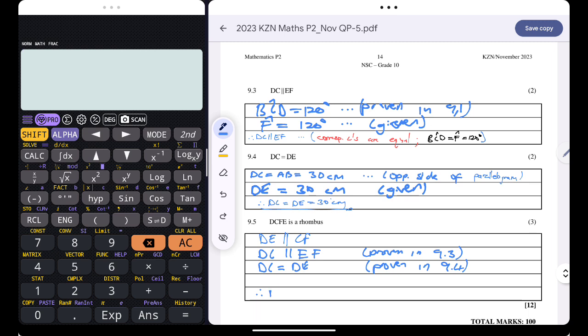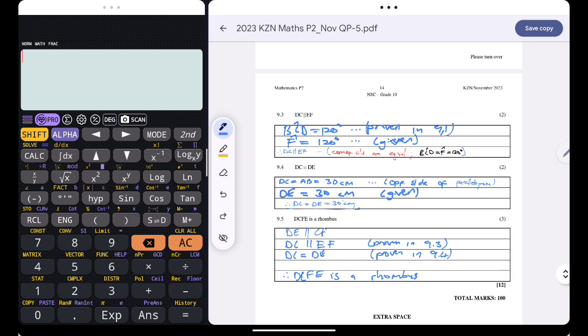So therefore, DCFE is a rhombus. Is a rhombus, ne? Why? Because the opposite sides are parallel and all the adjacent sides are equal. So that's why we have a rhombus.